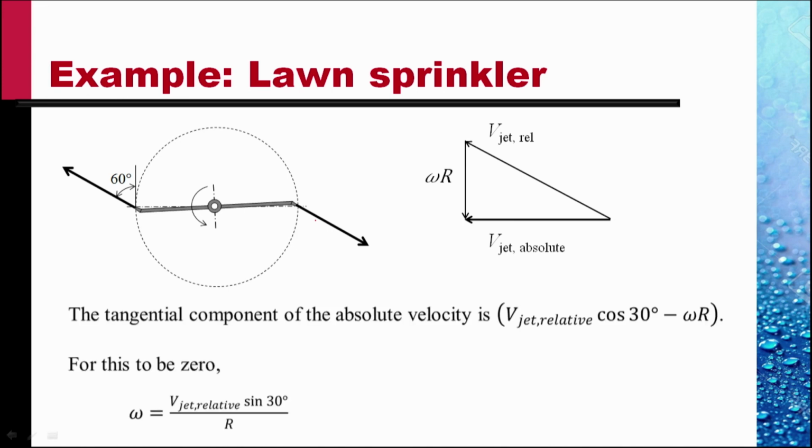The tangential component of the absolute velocity is V jet relative cosine 30 degrees minus omega r, or omega should be V jet relative sine 30 degrees divided by r.